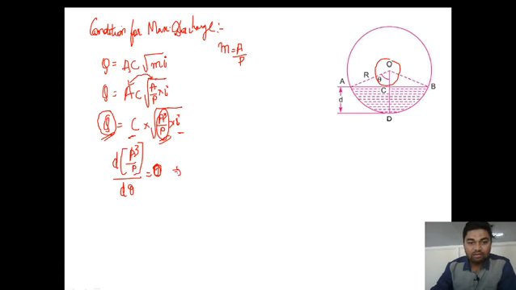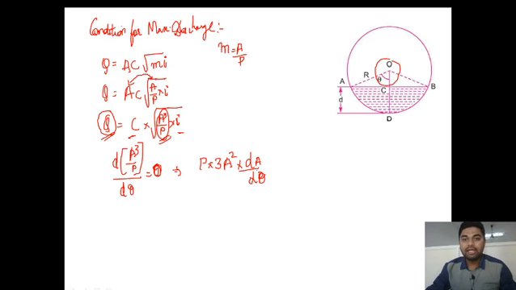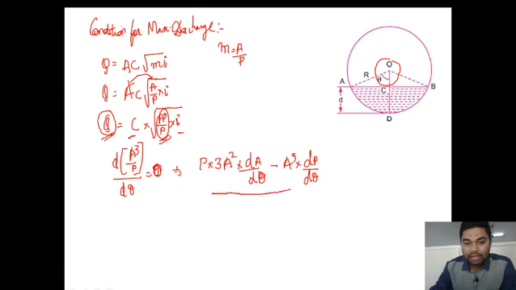On doing the derivative of A cube by P with respect to theta, we get it as P into 3A square dA by d theta minus A cube into dP by d theta, divided by P square, is equal to 0.